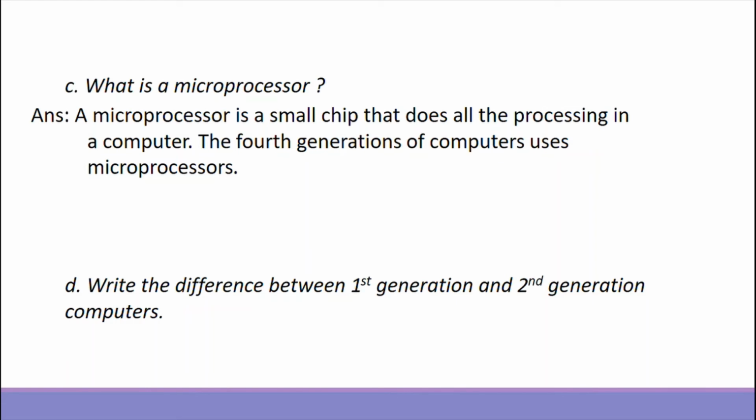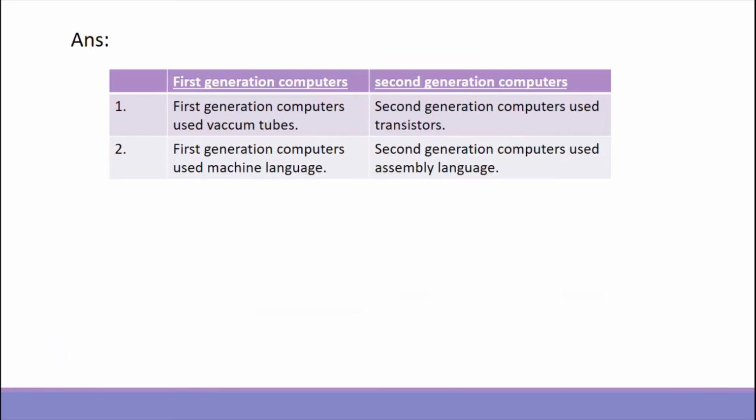Question number 4. Write the difference between first generation and second generation computers. Children, you will write the answer for this question in this manner. You will make a table and will write the difference like this. First generation computers. Number 1.